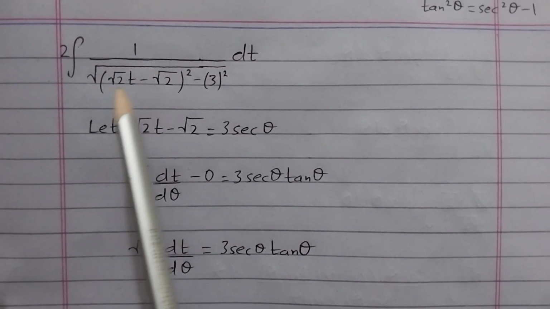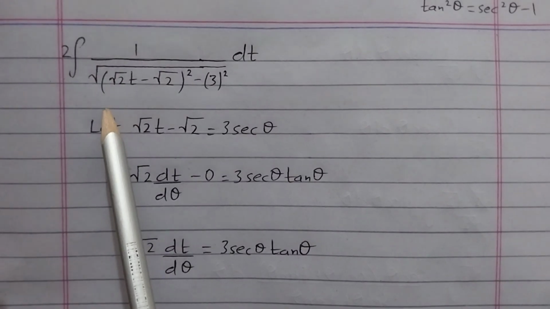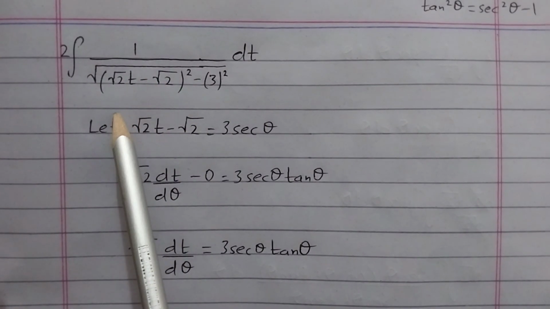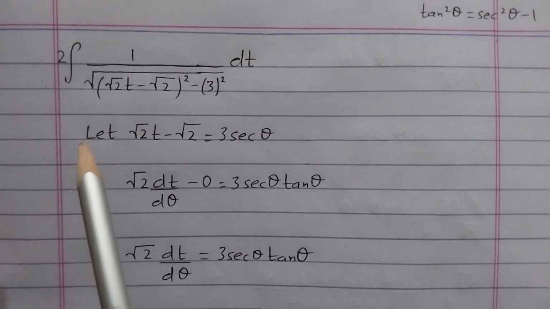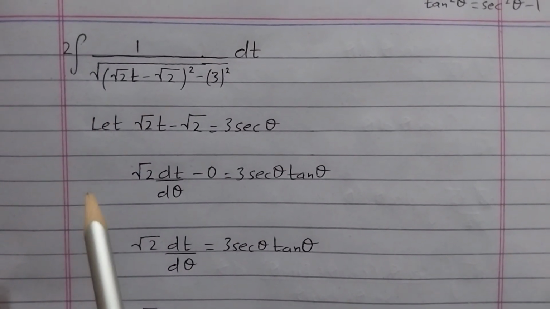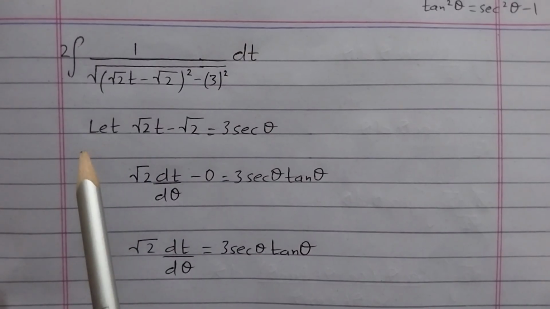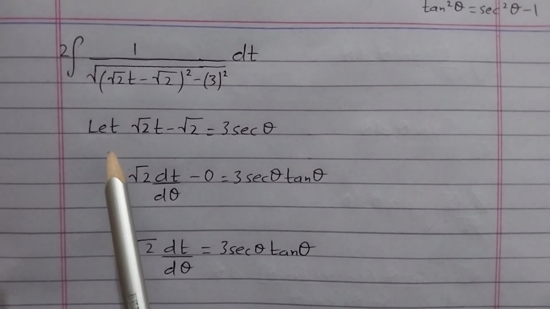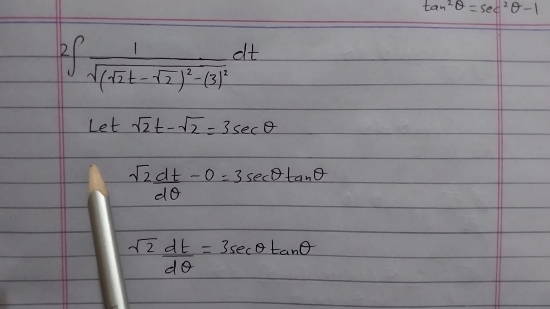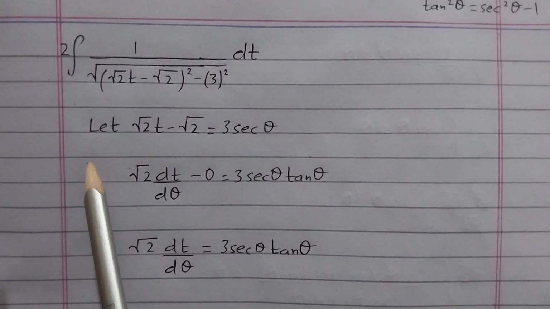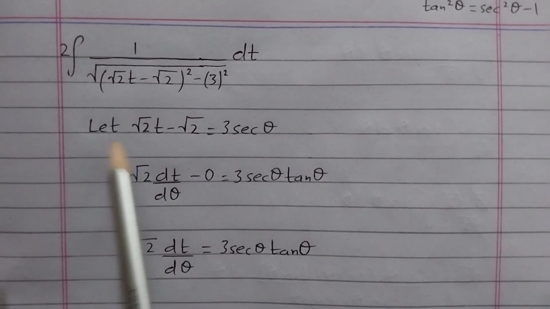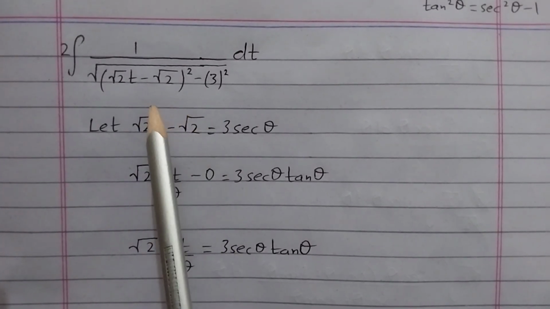What we can see is that this kind of resembles 1 over the square root of x square minus a square. If you think of it, the derivatives of secant inverse of x and cosecant inverse of x basically have x square minus 1 in their denominator.